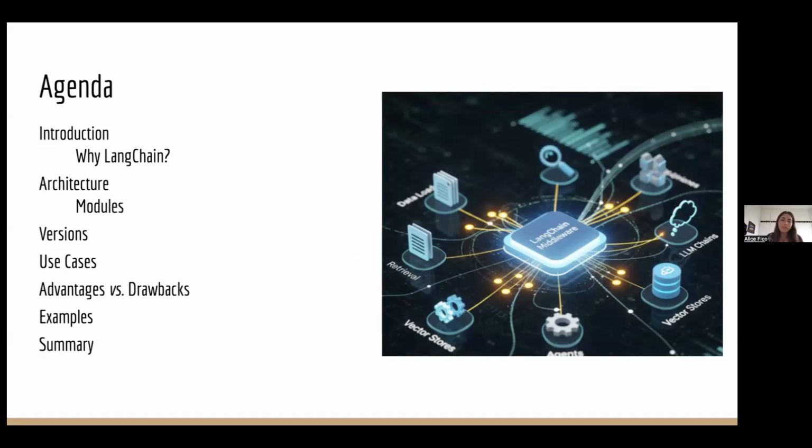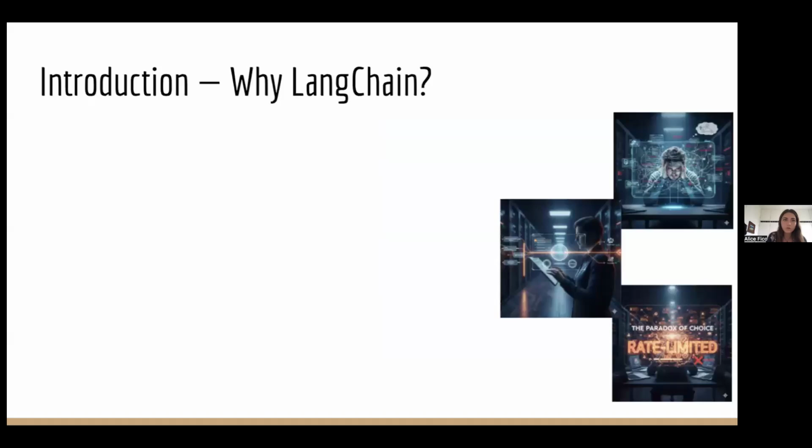Then we will talk about advantages and drawbacks, examples, and a final summary. In this way, at the end, we will have a general overview of the work of LangChain and what it is going to do.